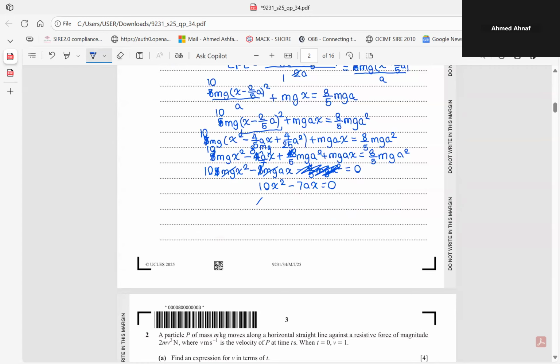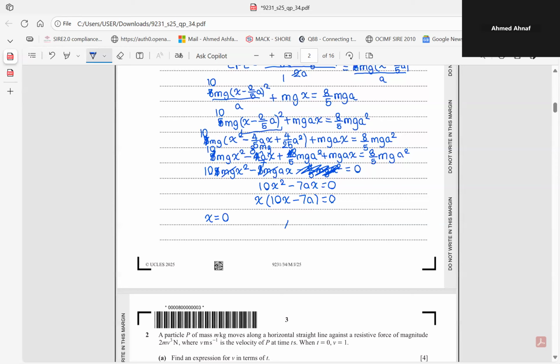So this one you can just factor out your x, get x times (10x minus 7a) equals 0. Then you get x equals 0, or 10x minus 7a equals 0, and then x is 7 over 10a.